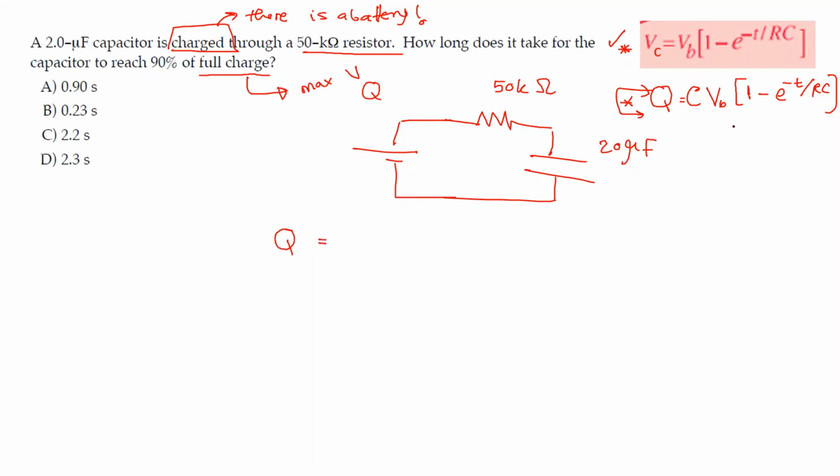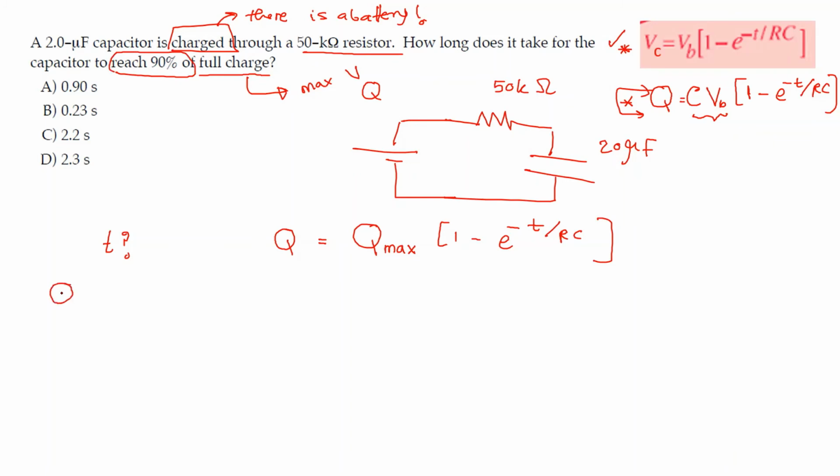So instead of CVB, I'll just write Q max for now. The maximum charge it can have, 1 minus e to the negative t over RC. Okay. What are they asking? They are asking how long does it take? That means they're asking us to find time so that the capacitor will reach 90% of the full charge.